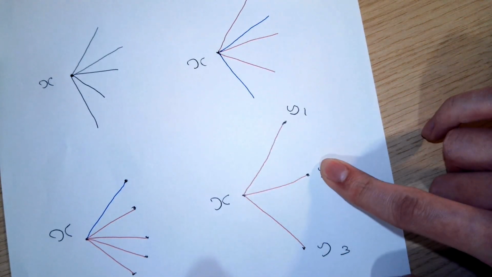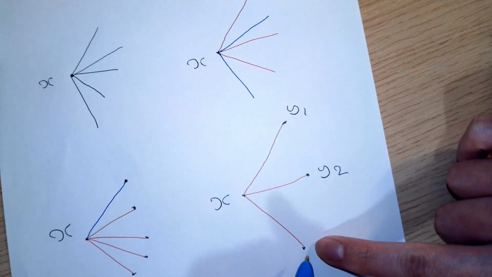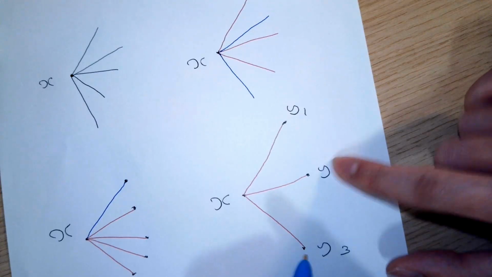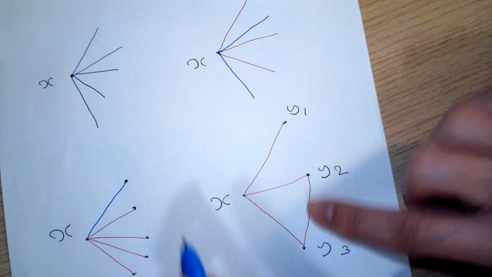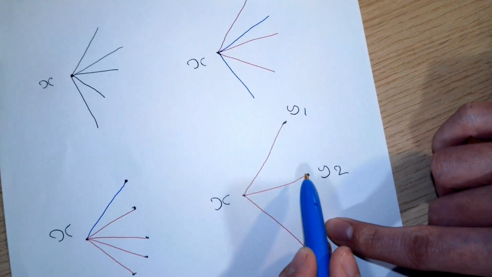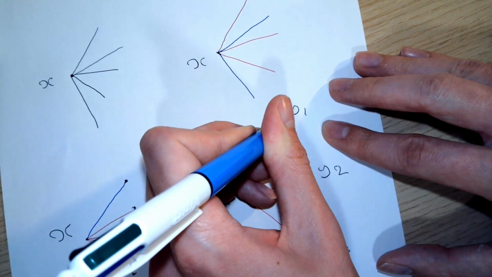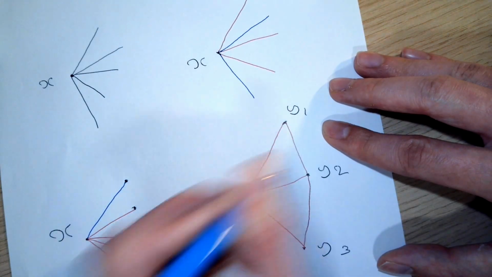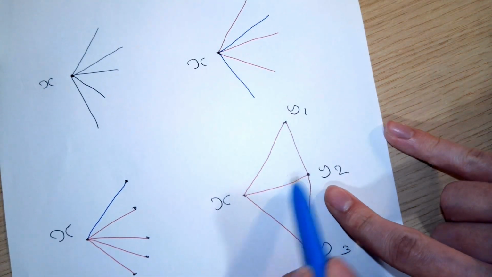Now, here's an observation. If this edge here between y3 and y2 is red, then we have our red triangle guaranteed already. And similarly, if this edge here is red, then we are also guaranteed our triangle here as well.